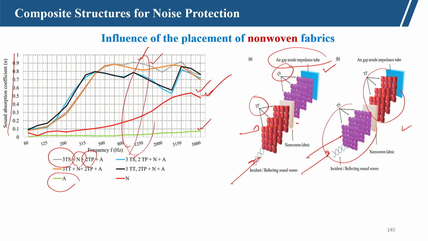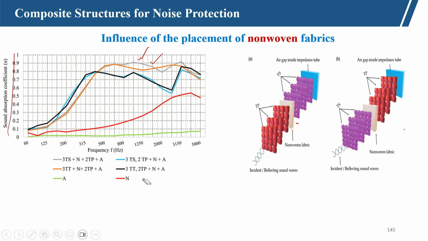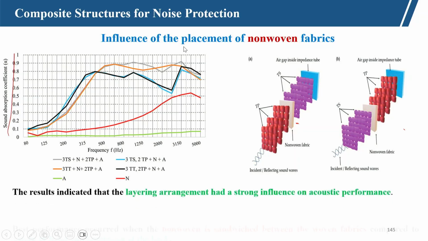But at different sound levels the trends are different, which we will discuss. From this diagram it is very clear that the positioning of the different layers has a significant impact on the sound absorption coefficient in a composite structure. This result indicates the layering arrangement had a strong influence on the acoustic performance.